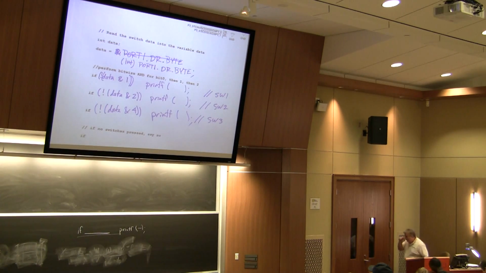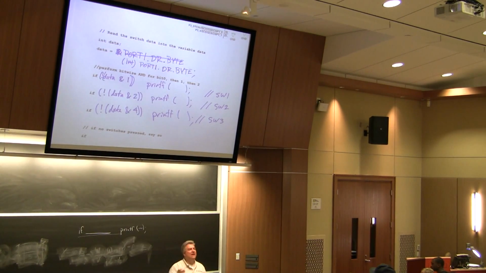The last thing we would want to check is if any of the 3 are not pressed. And so what would that be? Let's think about this. If a 0 in one place says it was pressed, right?